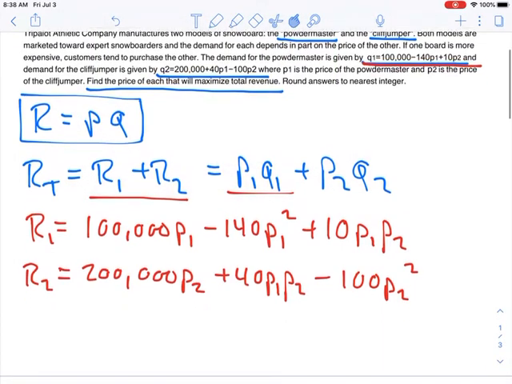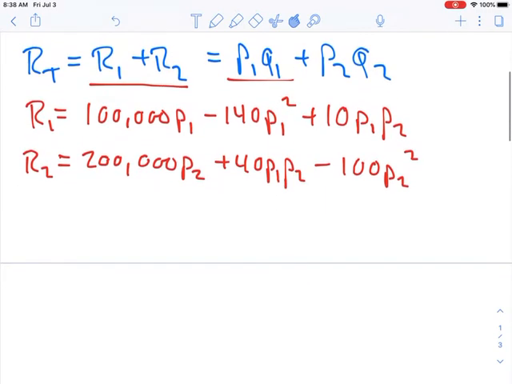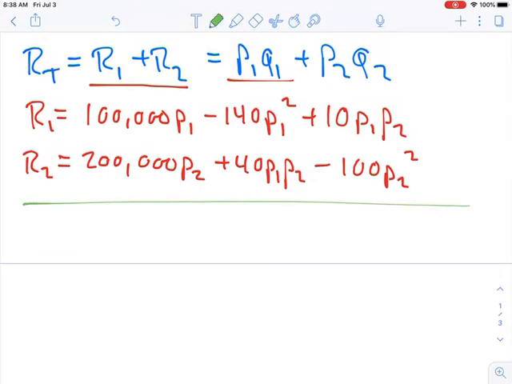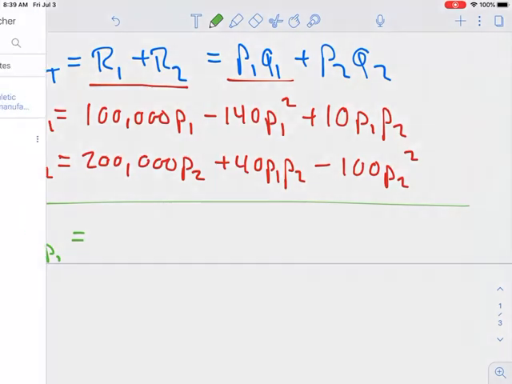So we now want to find our derivatives. I want to find the derivative of r with respect to P1. And so the derivative of r with respect to P1, we have to take the derivative of both R1 and R2.